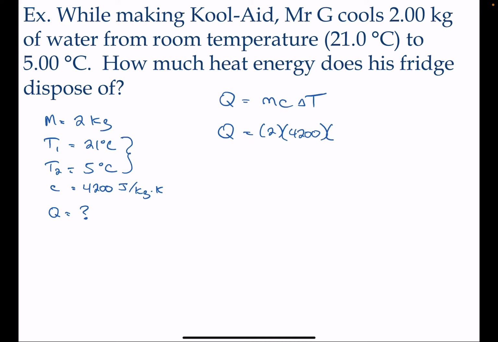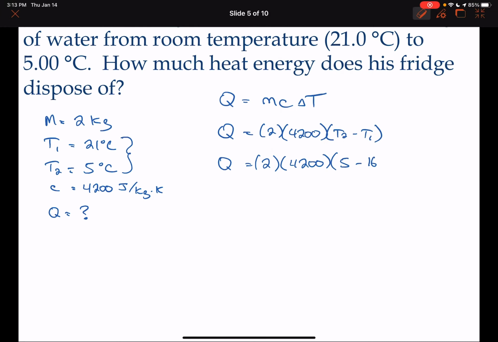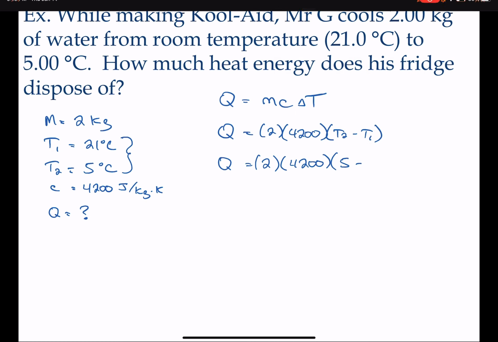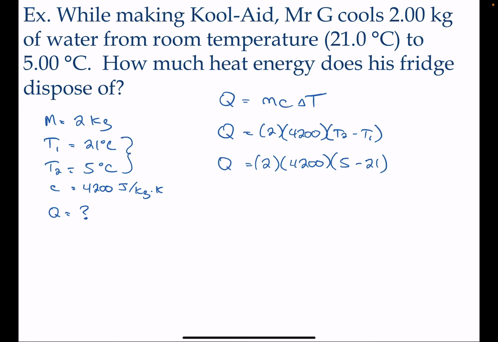And delta T is T2 minus T1. I really want those temperatures in Kelvin, but because it's a delta, we're safe to do this. T2 is 5, T1 is 21, which gives me a delta of 16.